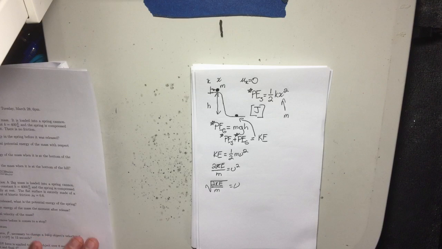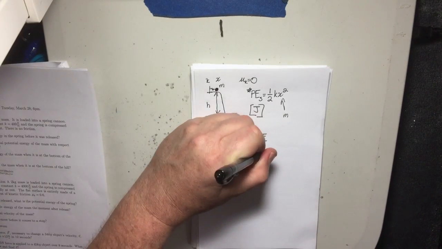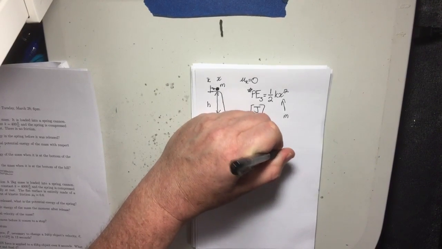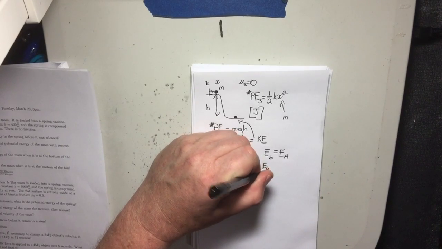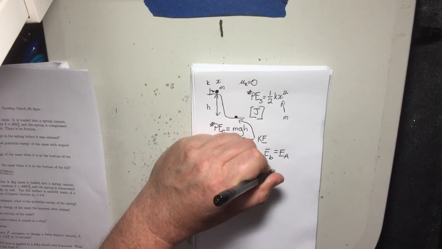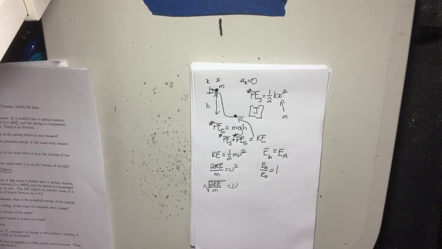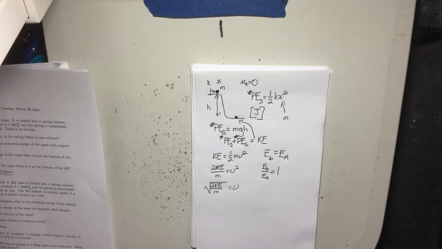Part 5, the last bit, what's the ratio of the energy before over energy after? Since energy is conserved, the energy before is equal to the energy after. So energy before divided by energy after is equal to 1. And so that's problem 1. Now I leave it to you to plug and chug. That's your bit.